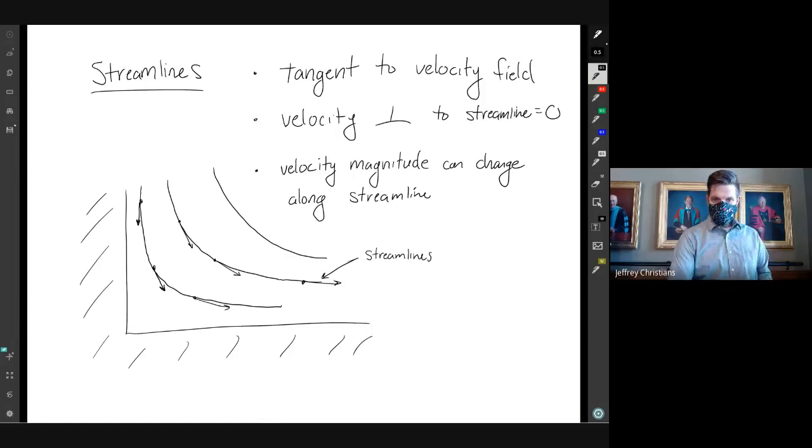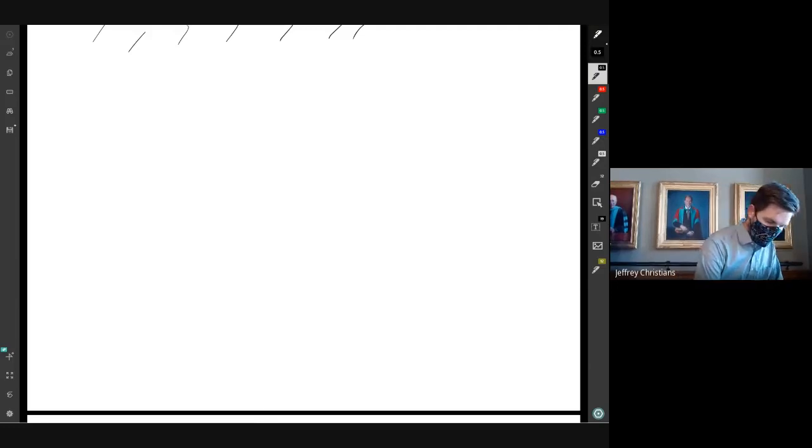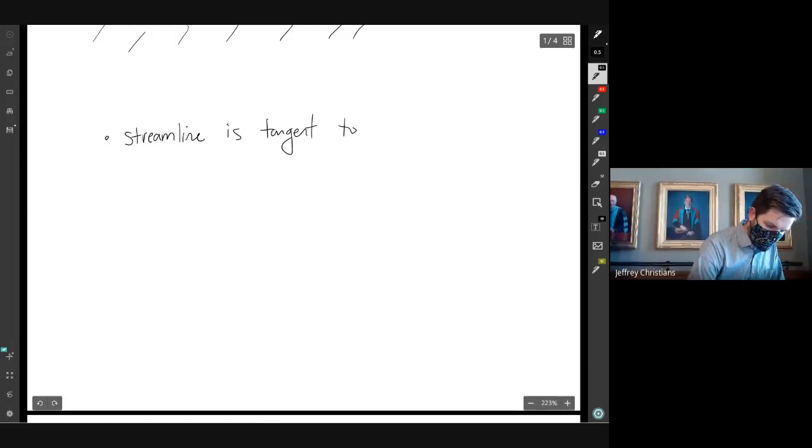Okay, so again, this is to try to connect the visual stuff to some of the vector math. So how do we actually do that? If we look at what our vector math would be, our key point is the streamline is tangent to the velocity field.